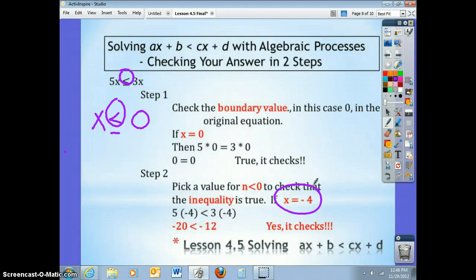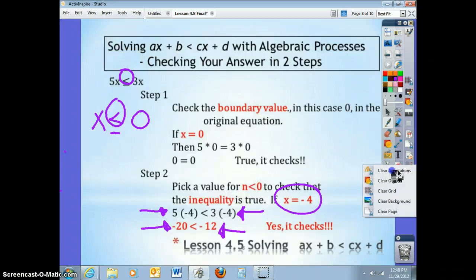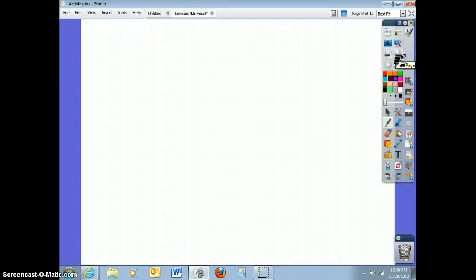Put -4 into both sides. 5 times -4 is less than 3 times -4, that's our original equation, and we get -20 is less than -12. And that's true as well. So our solution checked both on the equality as well as on the inequality. And that is 4-5.